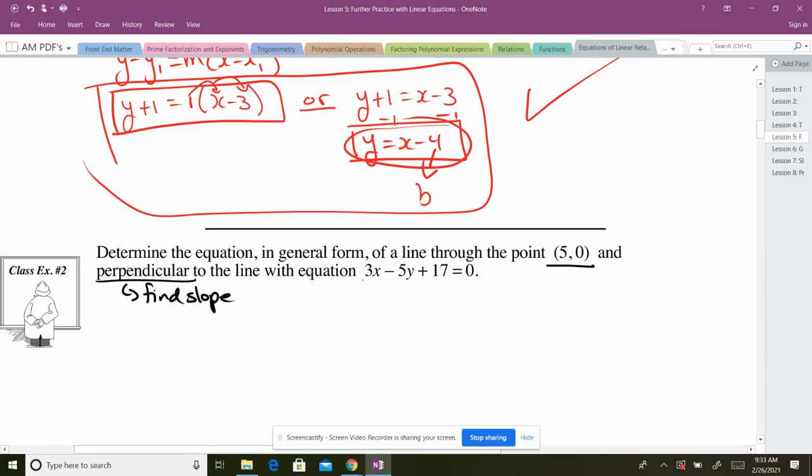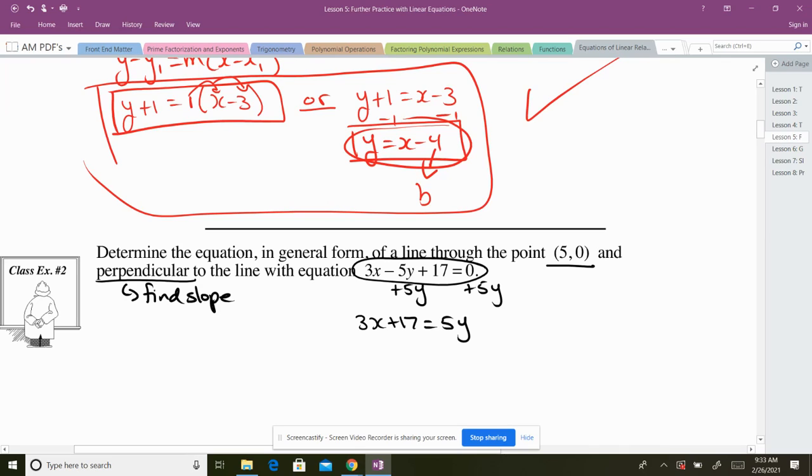So how do I find the slope from this line right here? What do I need to do? Yeah, you got to write it as y is equal to mx plus b, right? So I'm going to add 5y to each side and get that.